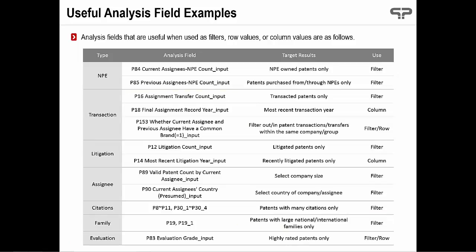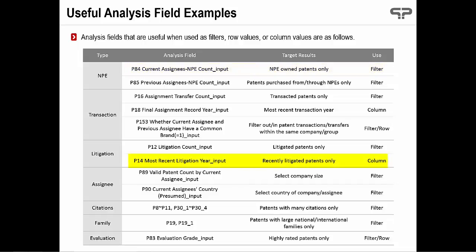The following is a list of most commonly used parameters that are useful when used as filters, row values, and column values. For example, if you want to filter the results to see NPE-owned patents, insert P84 current assignees - NPE count _ input to see NPE-owned patents only in the analysis results by adding this analysis field into the filter section of the pivot table.